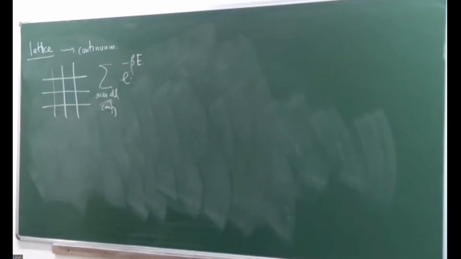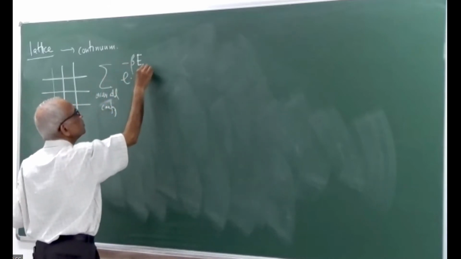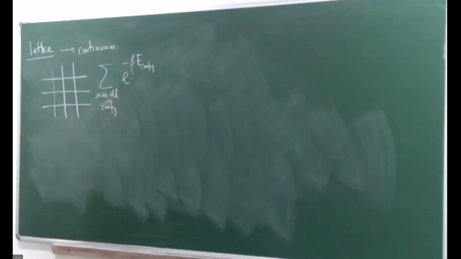You had to sum over all configurations, and every configuration gave you an E, the E for a particular configuration. That is what we did.